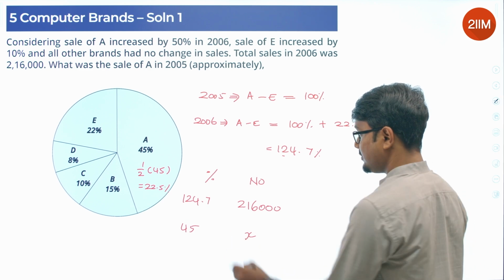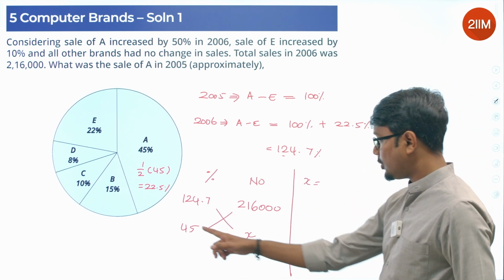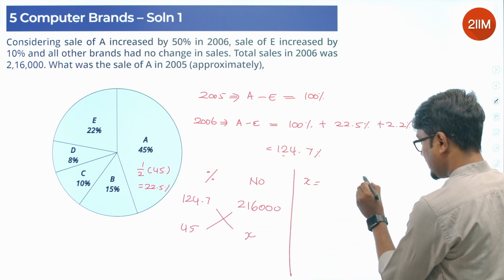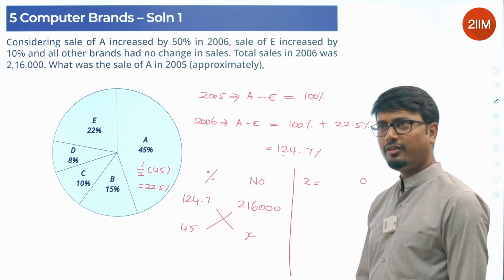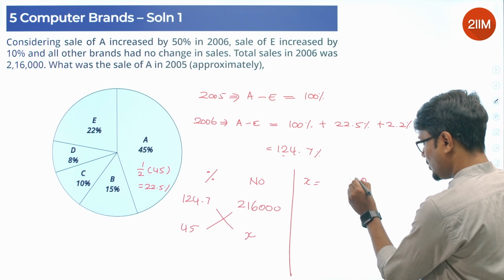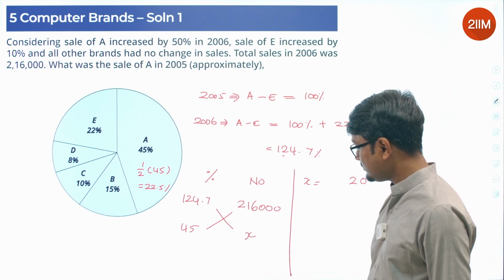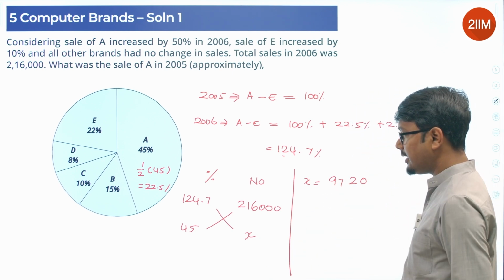We'll do cross multiplication, we get it. So eventually x will be, x is equal to, 45 times 216. Okay, 45 times 6 is 270, 0, 27 carried over, 45 times 1 is 45, 45 plus 27 is 72, 2, 7 carried over, 45 times 2, 90, 97, and then we get 3 zeros.